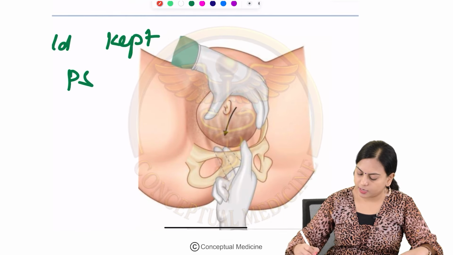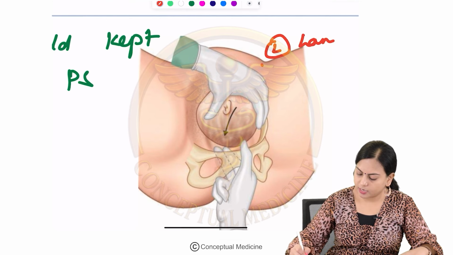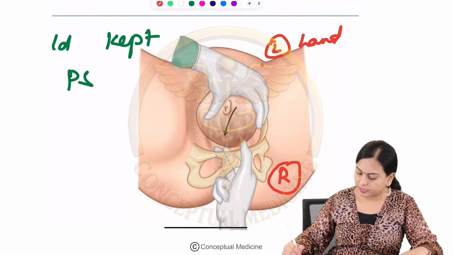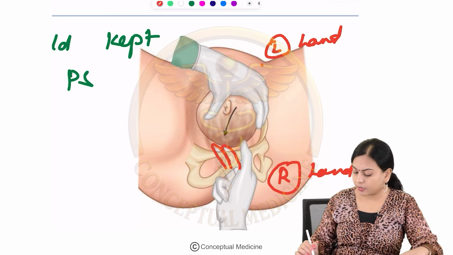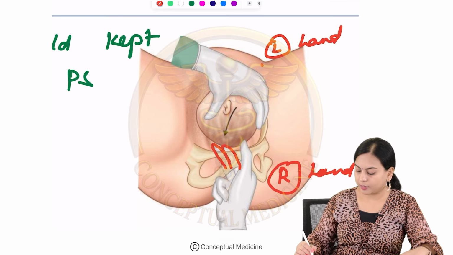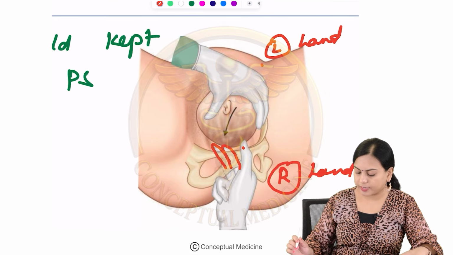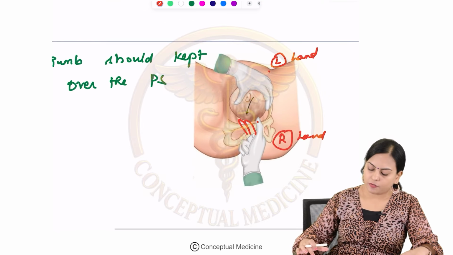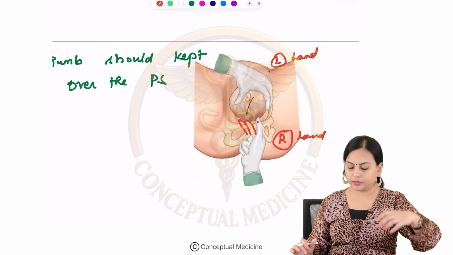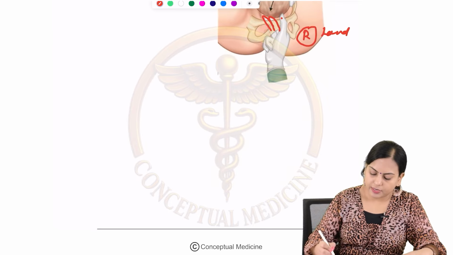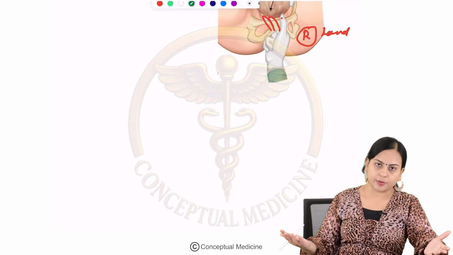This is the left hand and this is the right hand. You are able to see your thumb, index and middle finger going through the vaginal route, and the thumb is kept over the pubic symphysis. Now, we will try to push the fetal head as we have done in the abdominal method. So, we will have 3 interpretations again.